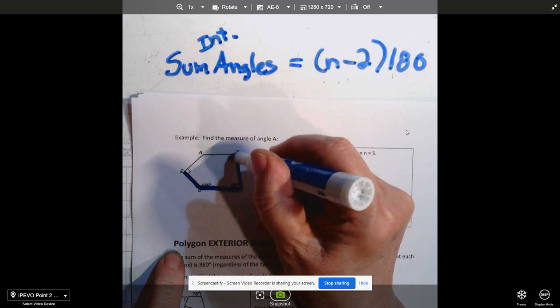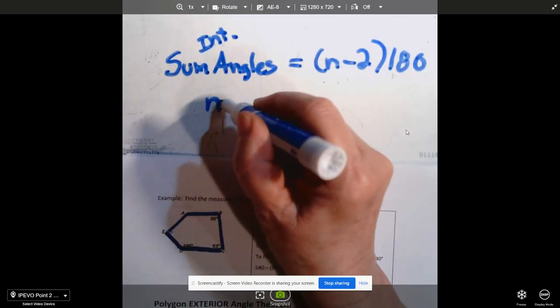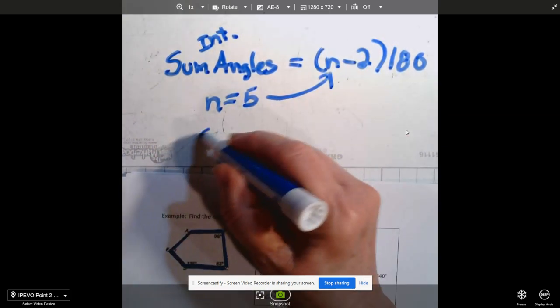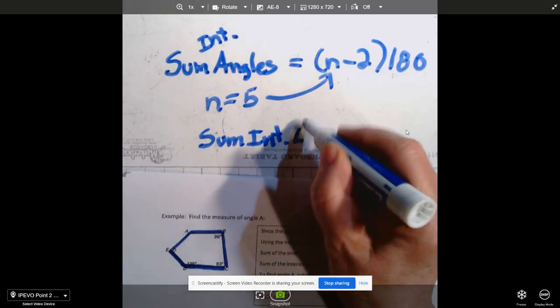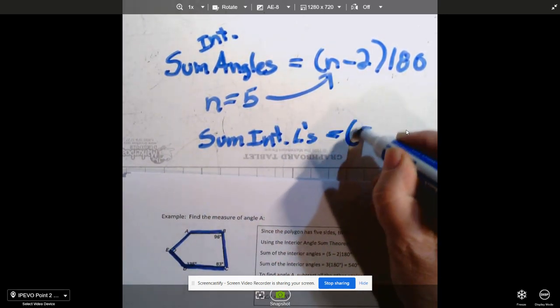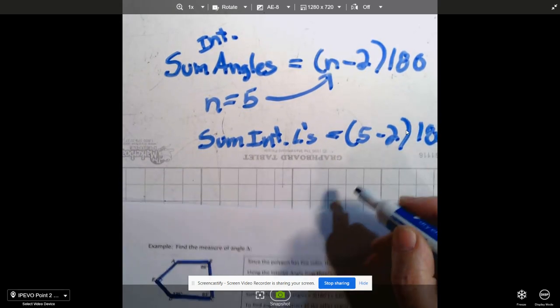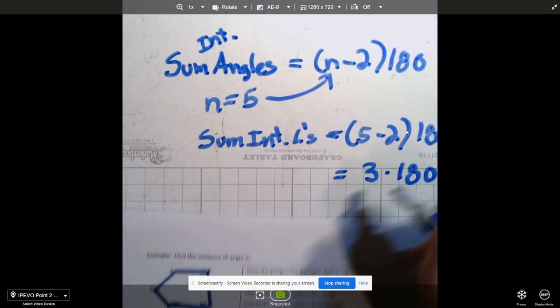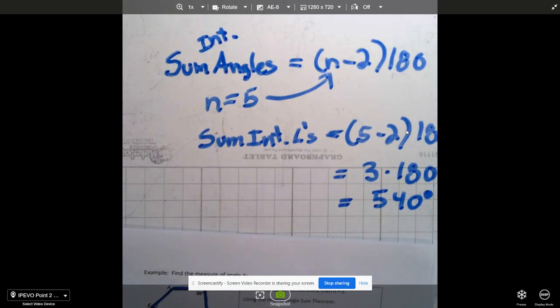I've got 1, 2, 3, 4, 5 sides. So in this case, n equals 5. I'm just going to plug that into my formula, so the sum of the interior angles is going to equal 5 minus 2 times 180, which would be 3 times 180, which would be 540 degrees.